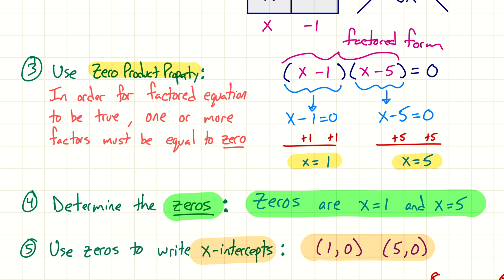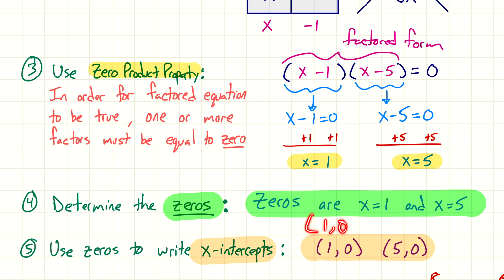A common mistake is to say my x-intercepts are 1 and 5. If you tell me they're 1 and 5, most likely I would say that's not correct. Those are your zeros. For x-intercepts, I want to see coordinates, which means you also have to include the parentheses. If you just put answers like 1 comma 0, I would mark that wrong.